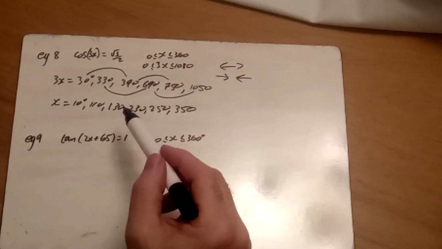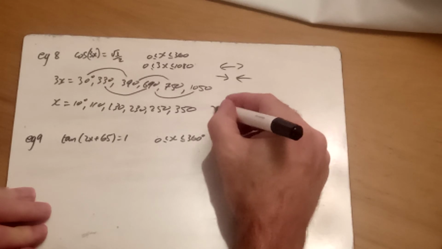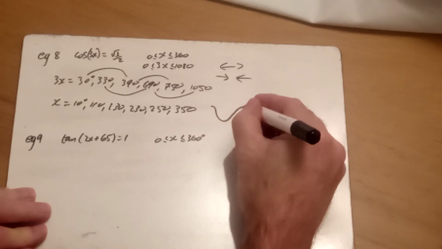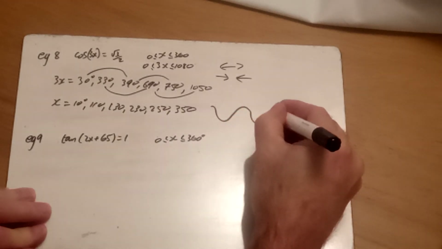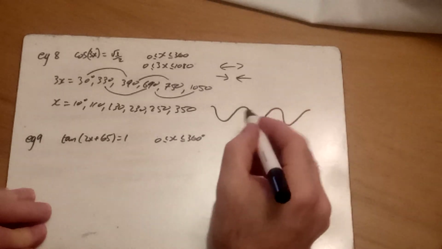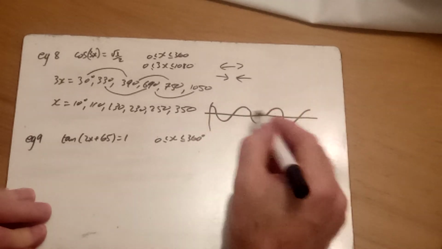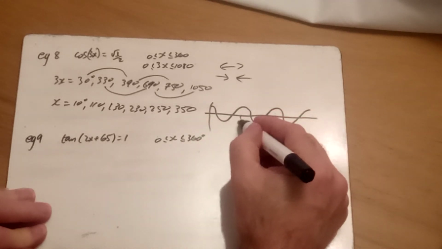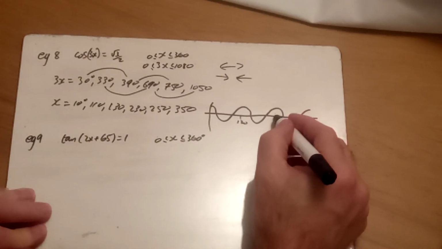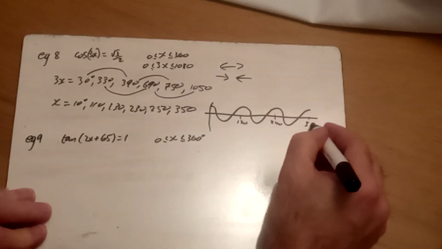So as I say, what happened is I ended up with a cos curve like this, 1, 2, 3 in the 0 to 360. So at that point there will be at 120, that one there at 240, and that one there at 360.